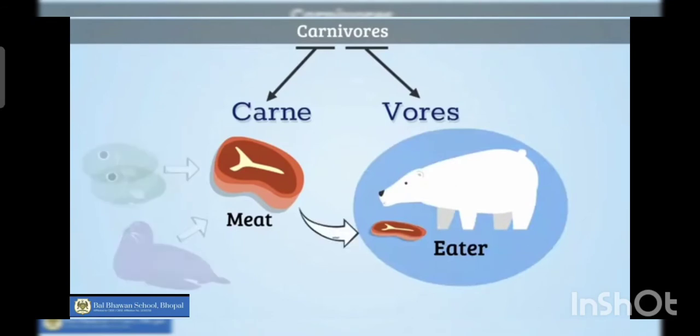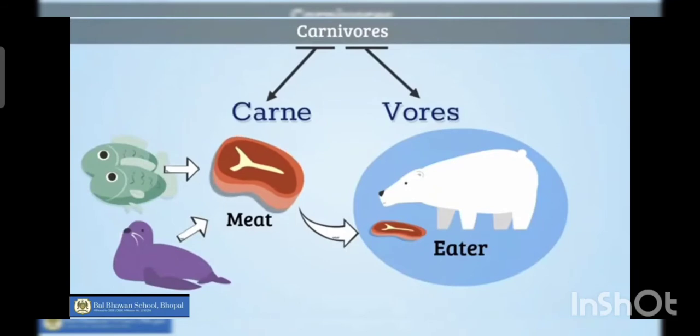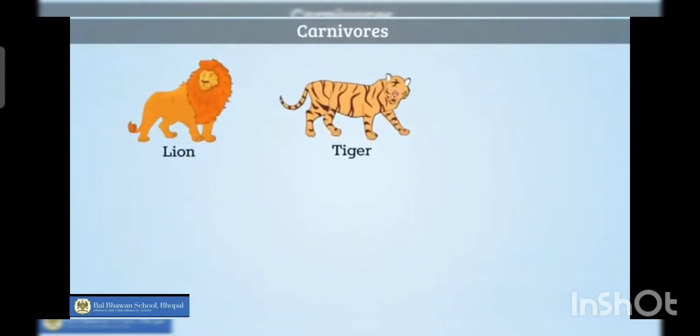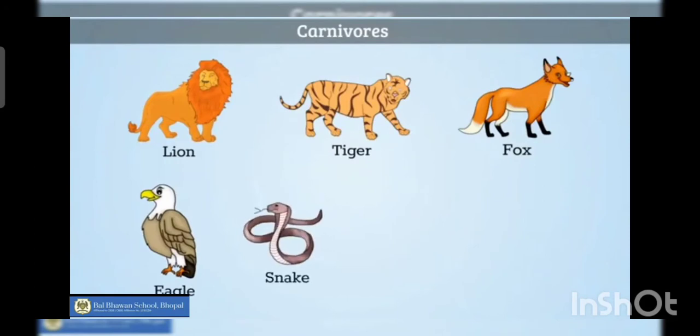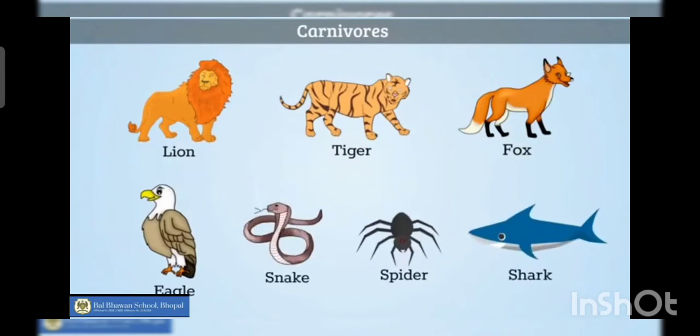So such animals are known as carnivorous animals. Most carnivorous animals include lion, tiger, fox, snakes, spider, whales, sharks.